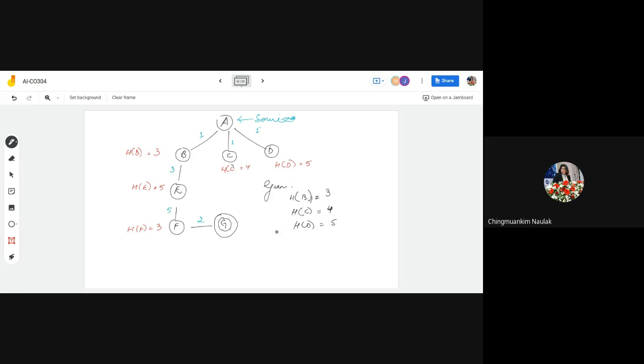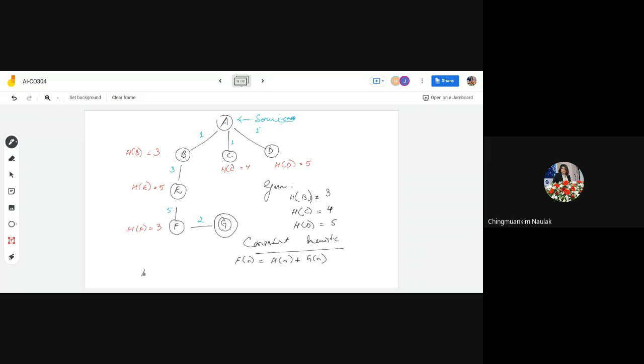Now you are going to find out which path to follow after visiting this source node, right? So how will you do that? Using consistent heuristic, as I said, the formula was f of n equals h of n plus g of n, right?